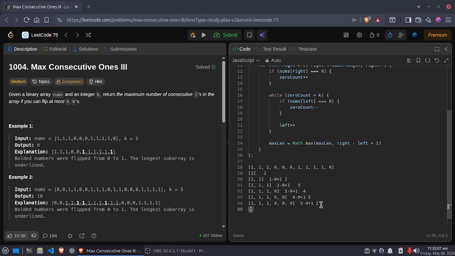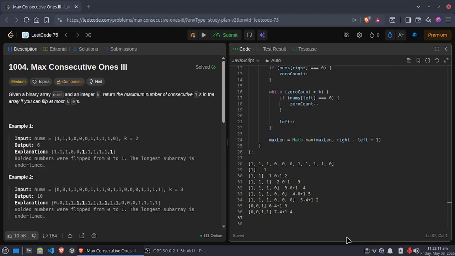Now next time I get the maximum subarray like 0 0 1, means I just start the next one, this one. So now right is 6, 6 minus 4 plus 1, that is 3. In the next time 0 0 1 1, right is at 7th index and left is at 4th index, 7 minus 4 is 3, 3 plus 1 is 4.